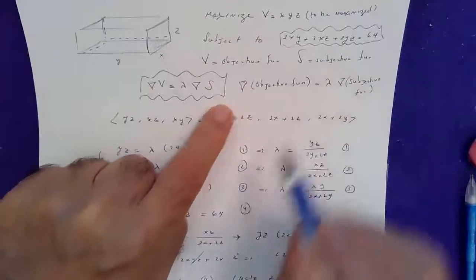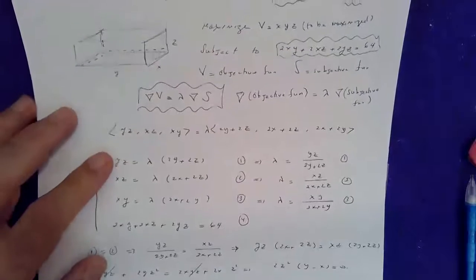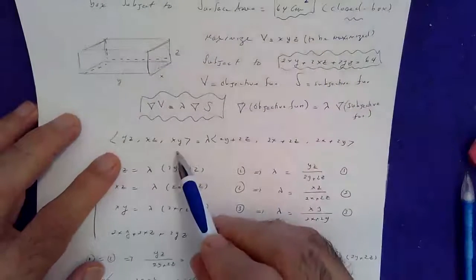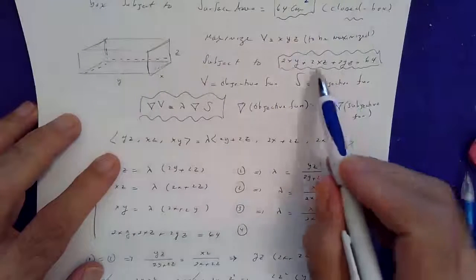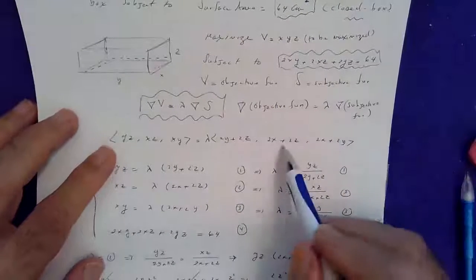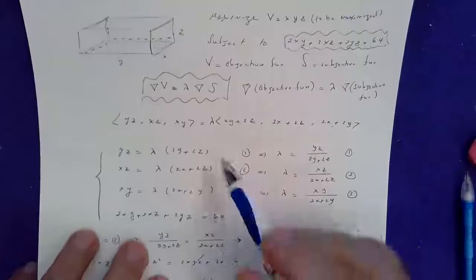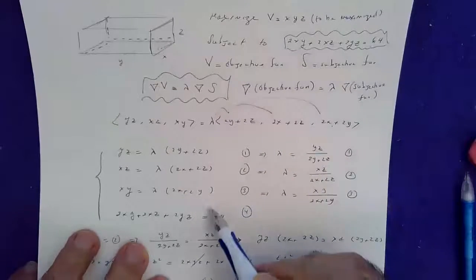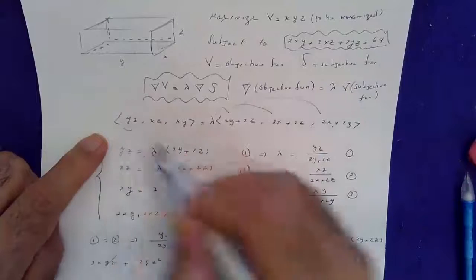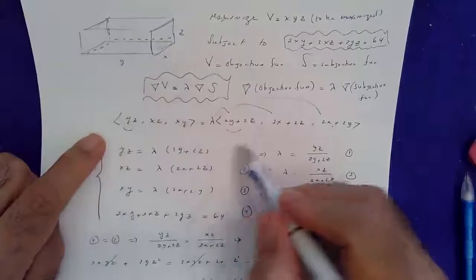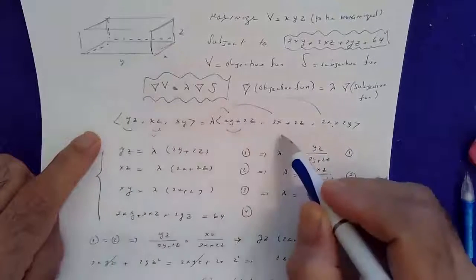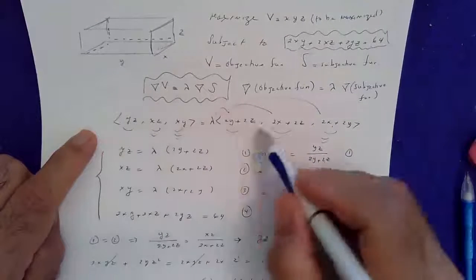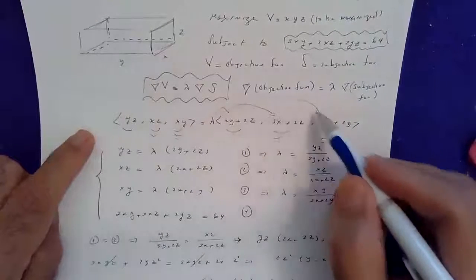Do you see how the order goes? If you take the gradient of V equals xyz, you get this, equals lambda times the gradient of this. Now you distribute the lambda first on the right side, and then set each corresponding component of the vectors on either side equal to each other. But don't forget, you have to distribute the lambda first.